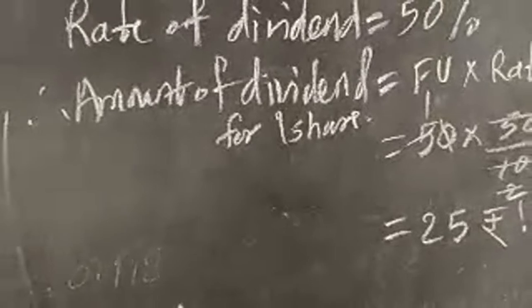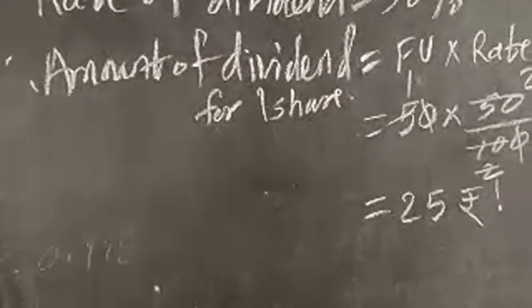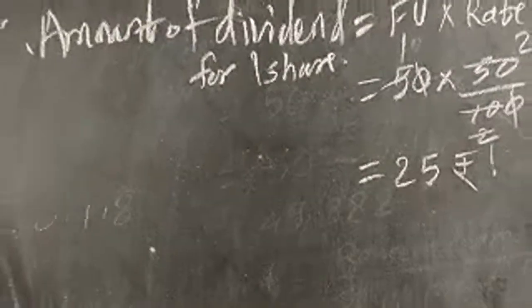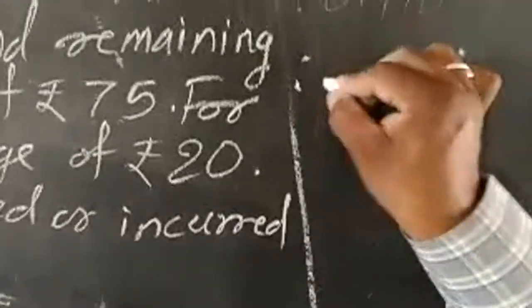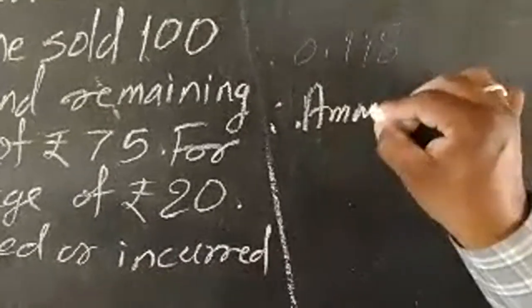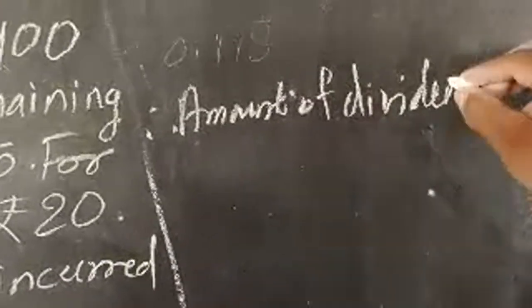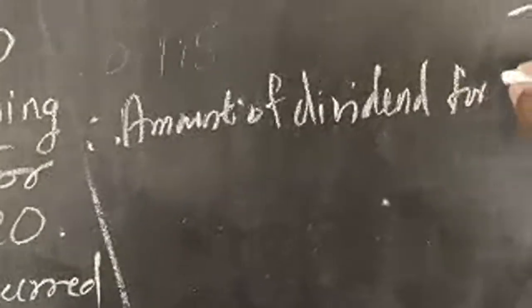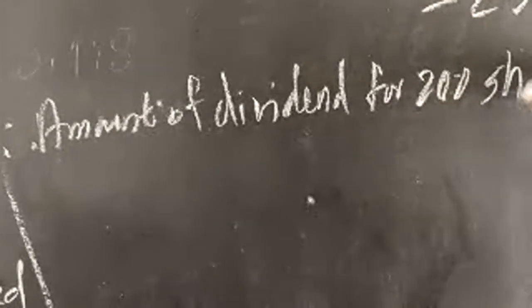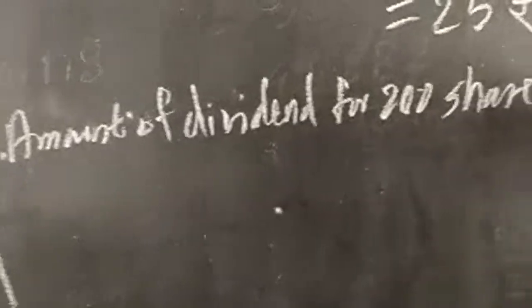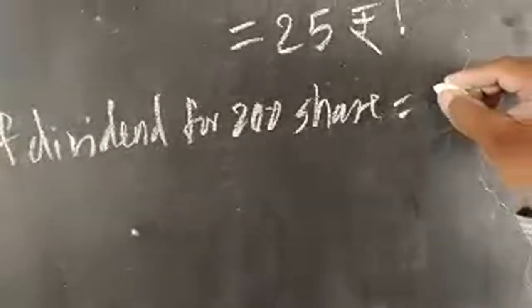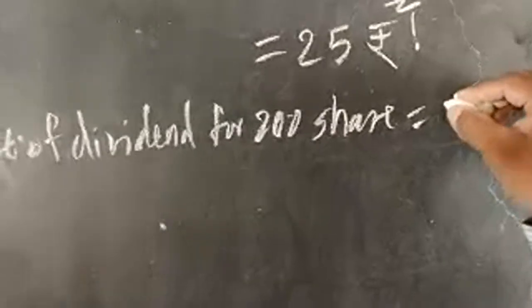And what do we find out? Amount of dividend for 200 shares is the amount of dividend for one share into number of shares.